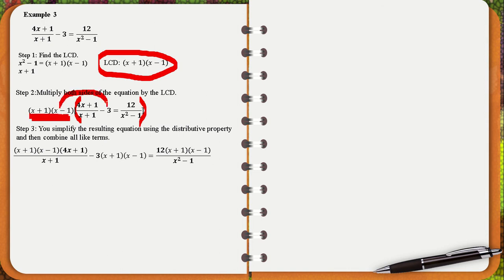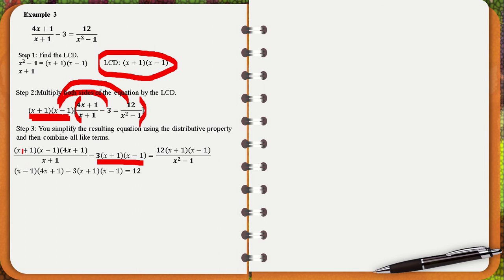Multiply natin dyan. So that's 3 times x plus 1, x minus 1 is equal to quantity x plus 1, quantity x minus 1, i-multiply naman natin doon sa 12. So that's 12 times quantity x plus 1, quantity x minus 1 over x squared minus 1. Simplify po natin siya.